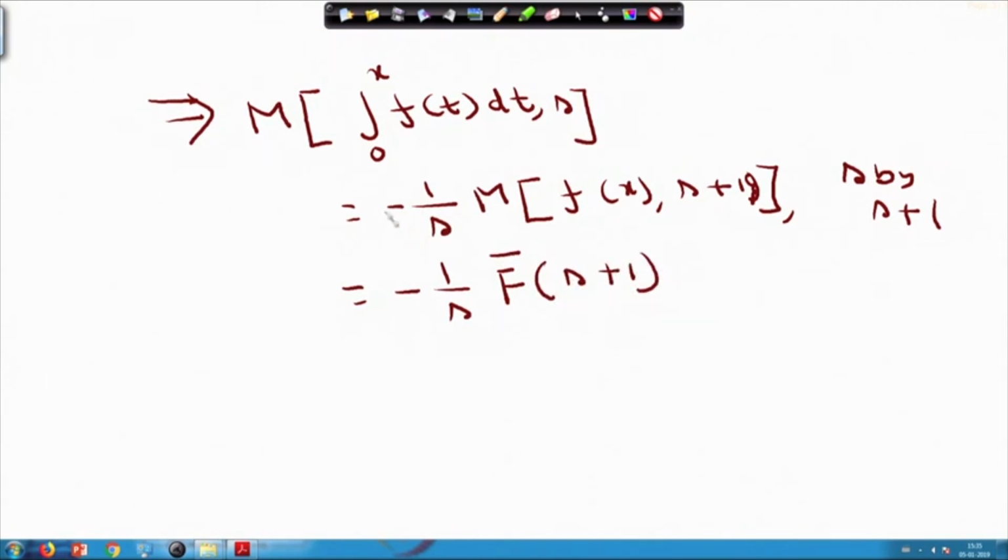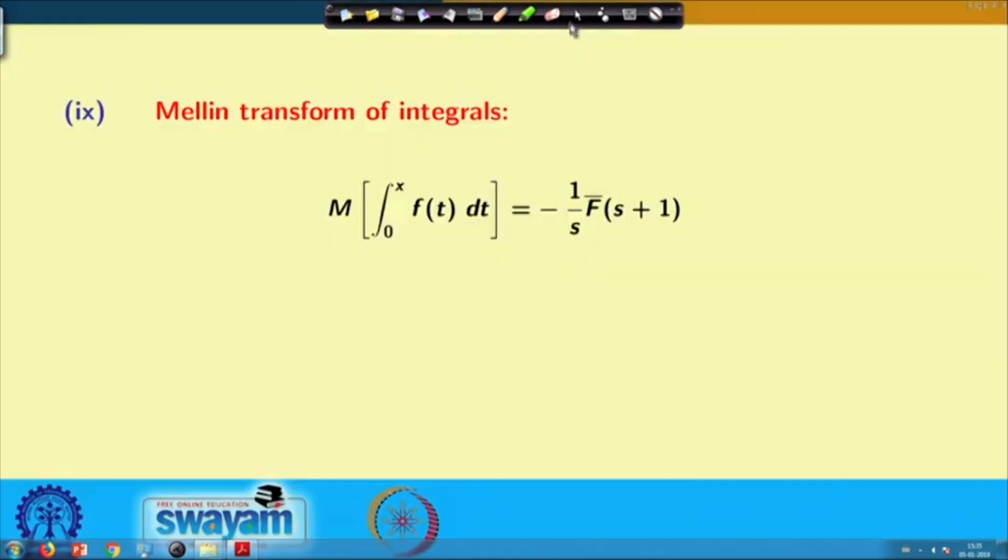So, therefore, the Mellin transform of integral from 0 to x of f(t) dt at s equals minus 1 by s times f bar s plus 1, which completes the proof of this one.